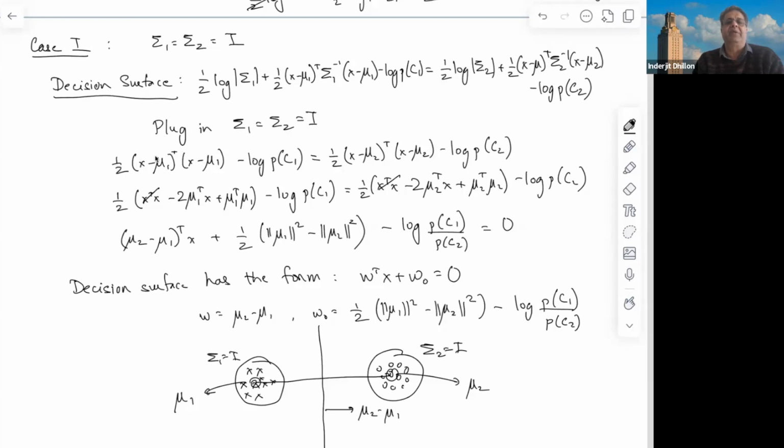This captures, well, I need to put in the sigma inverse over here, sigma inverse over here, and then I'll capture this term, and then I'll capture this term.